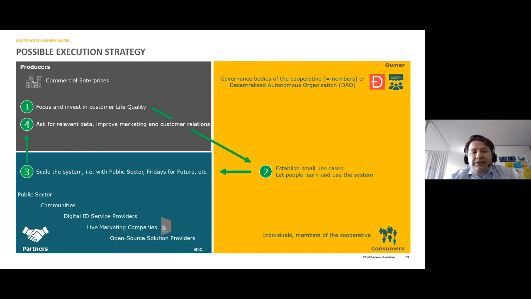So in the ideal case, you will have a commercial enterprise that would understand the capabilities of such a construction and focus and invest in customer life quality in the first step. Then, going to the second point, establish small use cases and let people learn and use this complex system. It's not a one-directional construction.